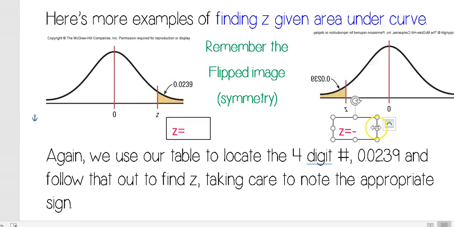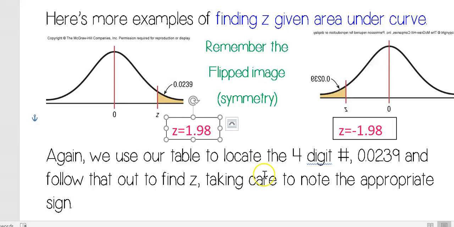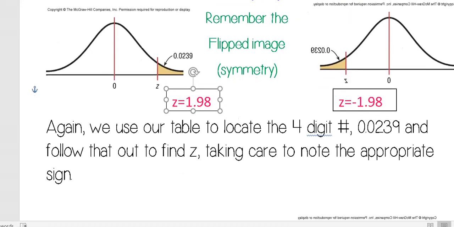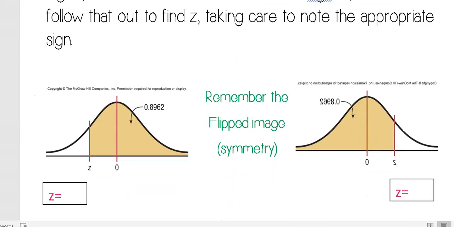And over here, then, therefore, will be positive 1.98. So there you have it, areas under the curve to the left, to the right, in between, outside given z-scores, and finding the z-score with a given area under the curve.